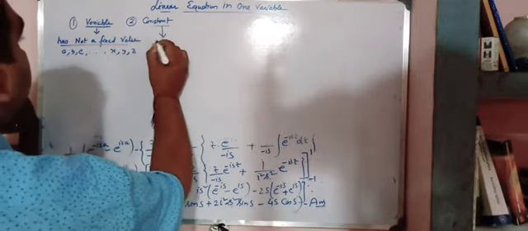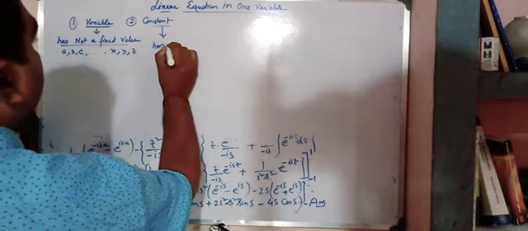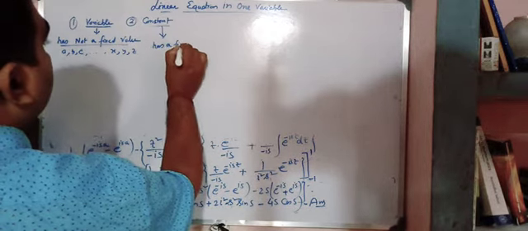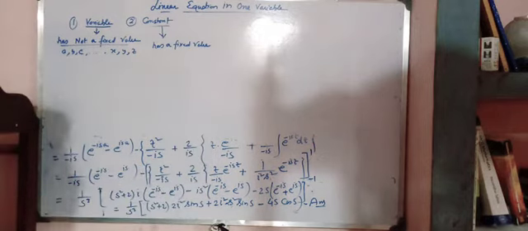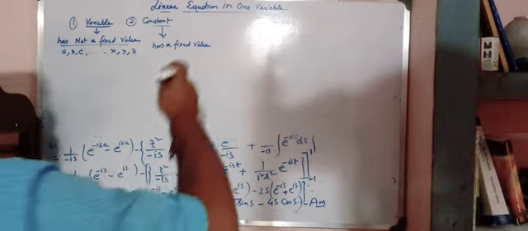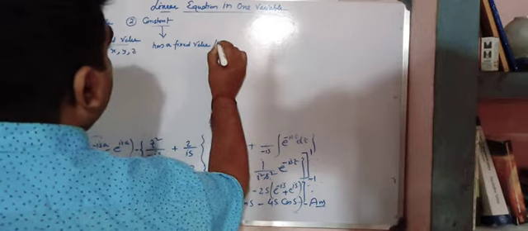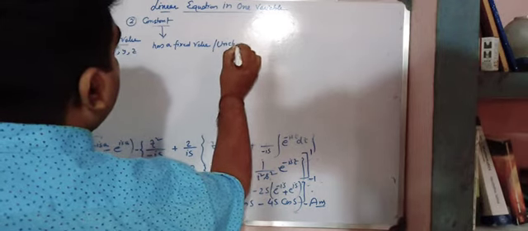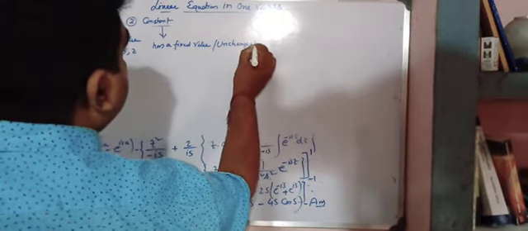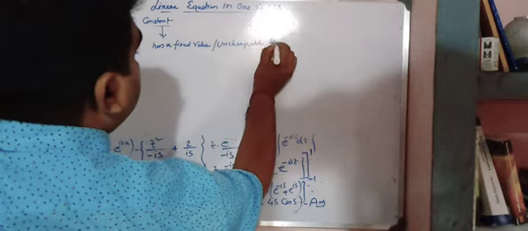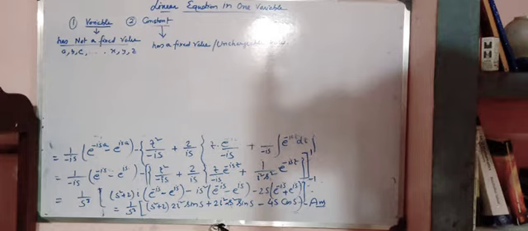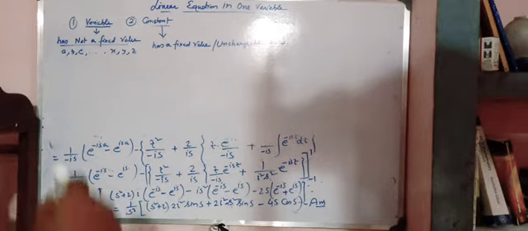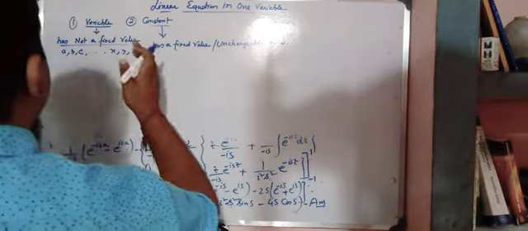Next come to constant. What is a constant? It has a fixed value, that is, an unchangeable value. Understood? What is an example of a constant?